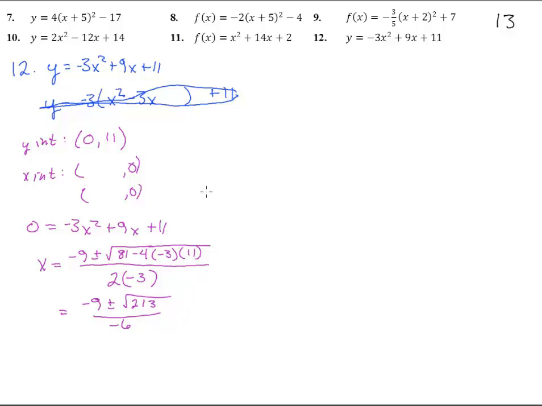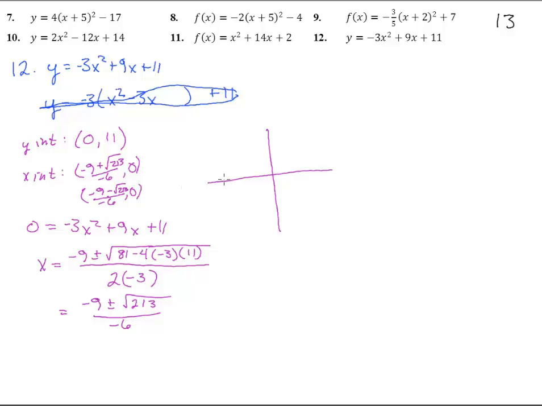Whew. So if you punch those numbers in your calculator, you'll get something that looks like this. We have negative 9 plus the square root of 213 over negative 6, and negative 9 minus the square root of 213 over negative 6.